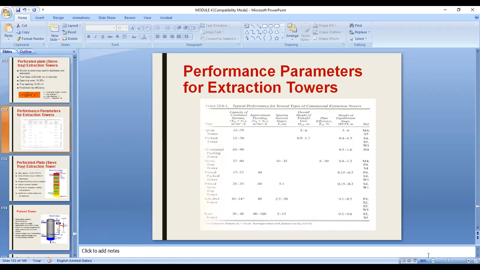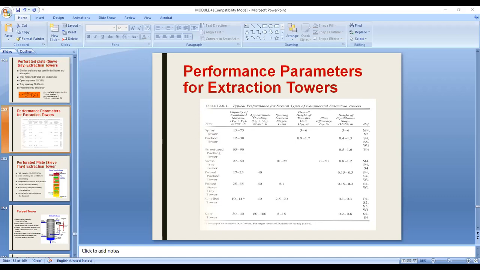And you have this table also. When you have already determined the values of VD and VC from the two equations I mentioned a while ago, using the flooding correlation diagram, you can check the values that you got for the VD and the VC based on the type of tower that is stated in the problem.